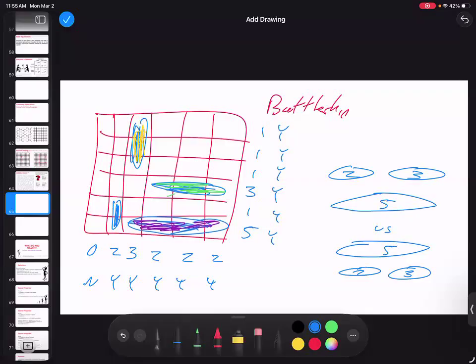So again, whenever you have problems like this, you always want to look at extreme cases. And so just looking at this, I know I'm not going to be able to always uniquely determine where the fleet is. But I may be able to uniquely determine which squares are occupied by ships. So always think about which question do you think you can answer?